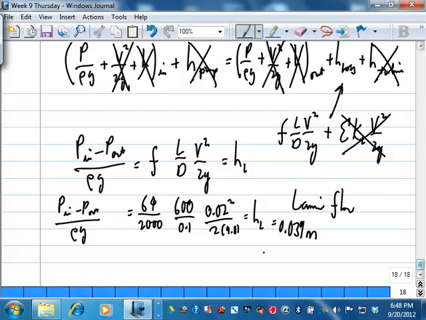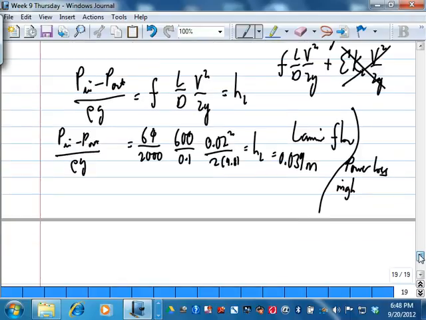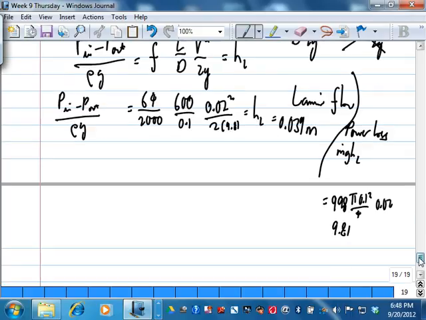So the power loss, if you are keen to know, is m dot g H loss. m dot is rho 998 times area, 0.1 squared pi over 4, times velocity 0.02. That's m dot, times 9.81 times 0.039. Sorry, just a side calculation: rho times area times velocity, multiplied by g multiplied by H. What's that?